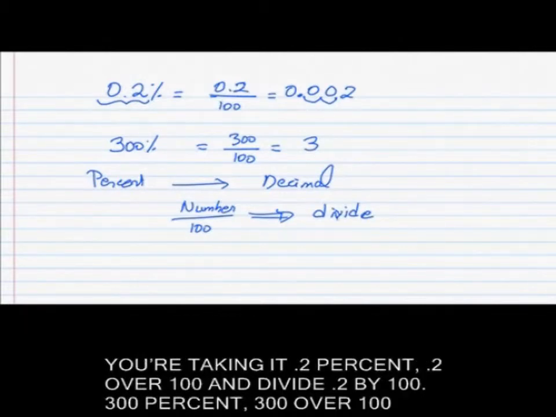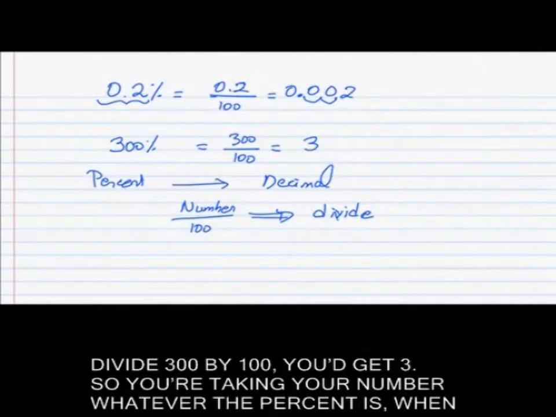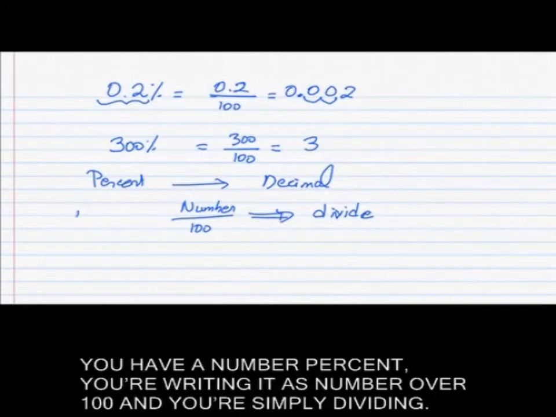So you're taking 0.2%, 0.2 over 100, and dividing 0.2 by 100. 300%, 300 over 100, divide 300 by 100, you get 3. So whatever the percent is, you're writing it as number over 100 and you're simply dividing.